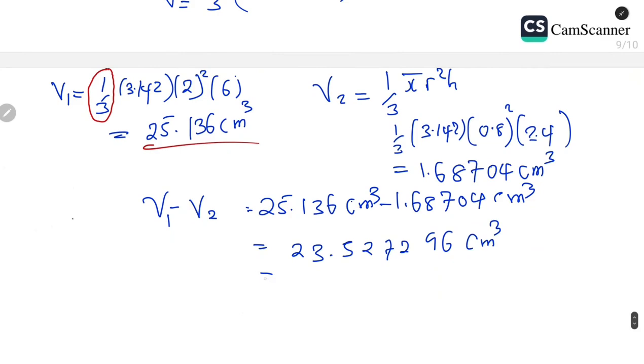Now rounding this to one decimal place, you're going to have 23.5 centimeter cubic. This is the volume of the frustum.